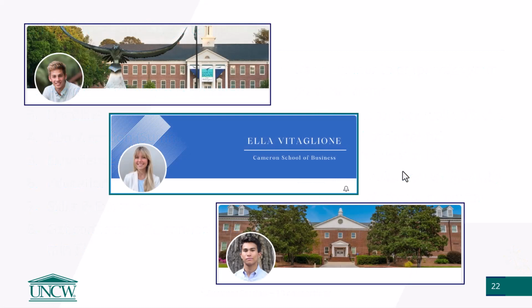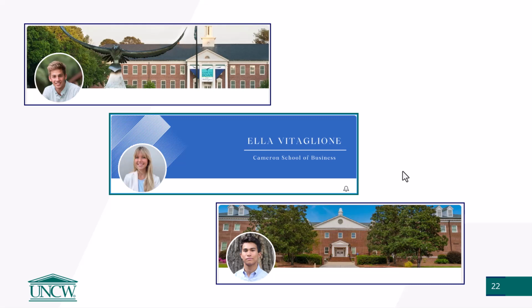So these are 3 examples of students in their LinkedIn profile and banner pictures. You can see these are all 3 really good examples of professional photos of the students, but they're not too professional. They're not formal, if you will. You can use UNCW photos as the background, as we have here for Cameron Hall and the Seahawk statue that we have at the front of the university, at least for now.